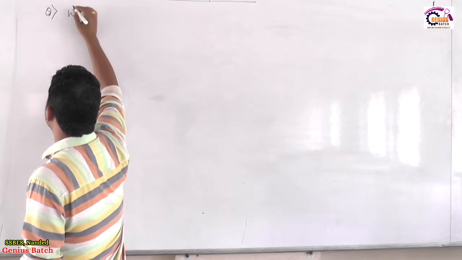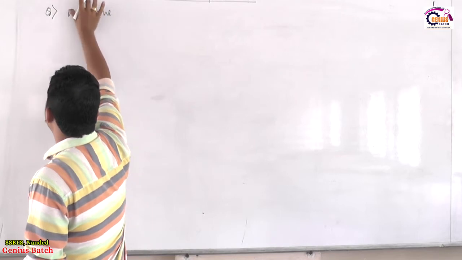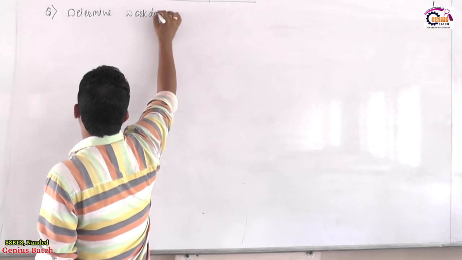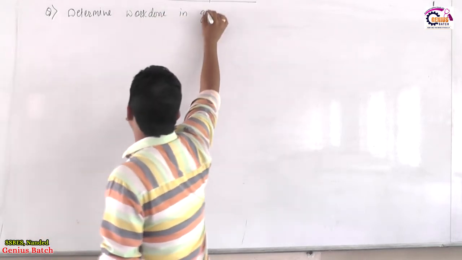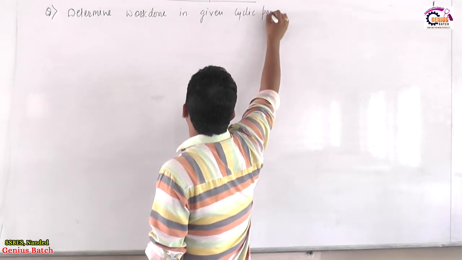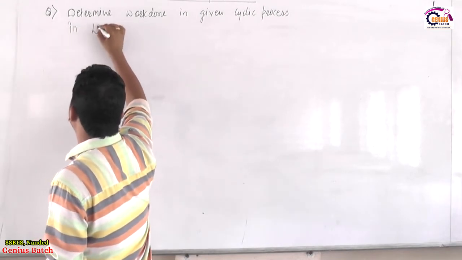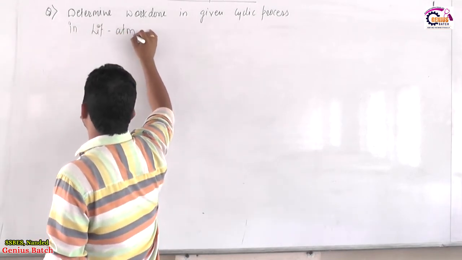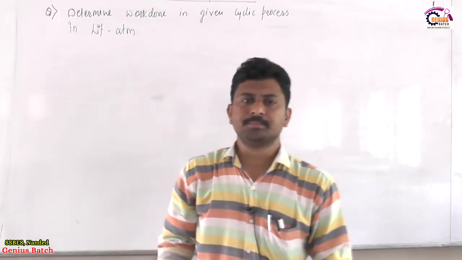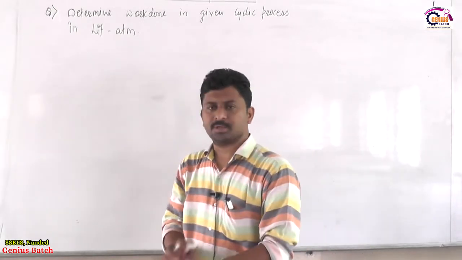Now suppose the question is: determine work done in a given cyclic process in liter atmosphere. The question is to find out work done in a given cyclic process, particularly in the liter atmosphere unit system.